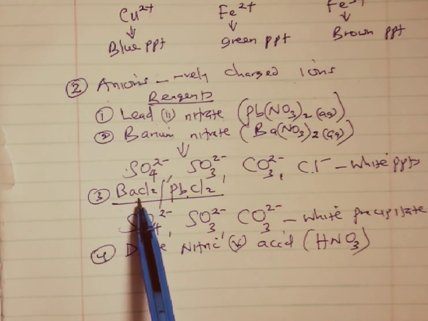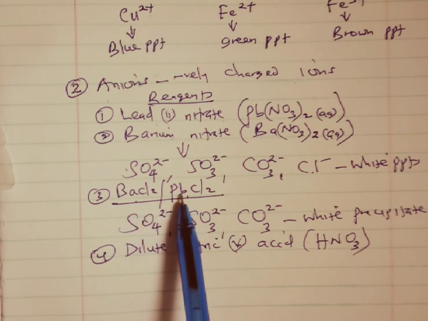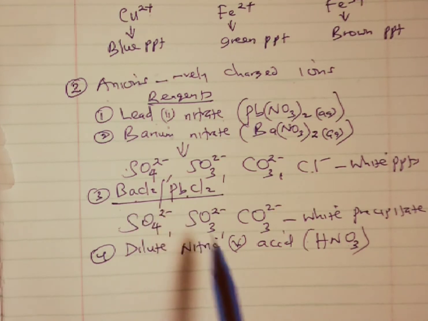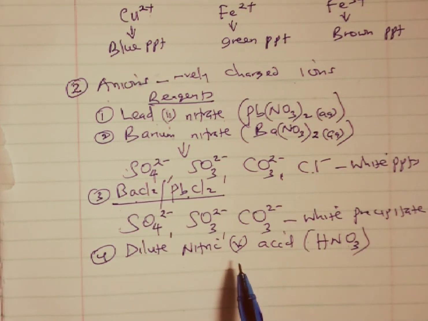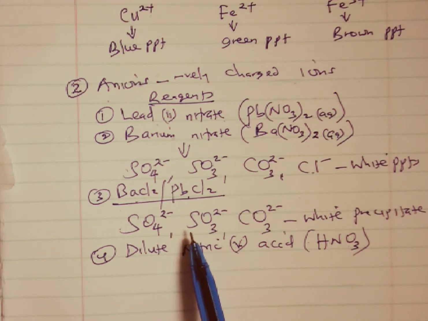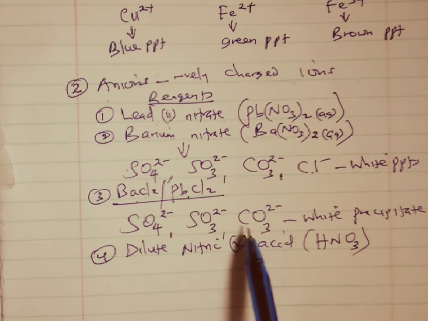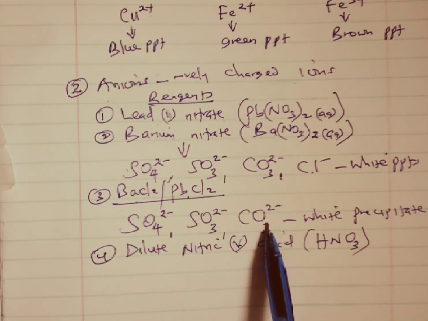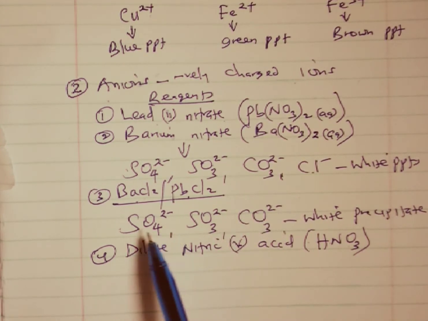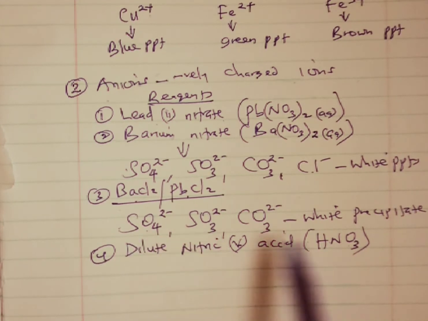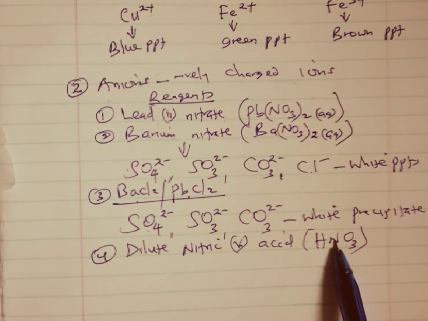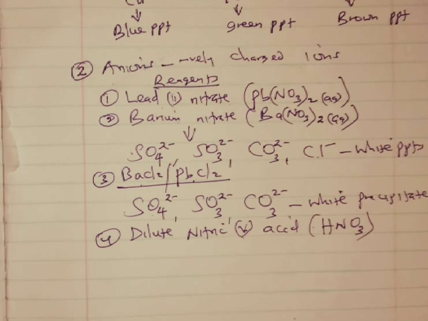That is, if you add barium chloride or lead chloride to a solution suspected to have either sulfite and carbonate ions, the white precipitate will always dissolve. But if that solution contains a sulfate ion, even if you add nitric acid, the precipitate will not dissolve.